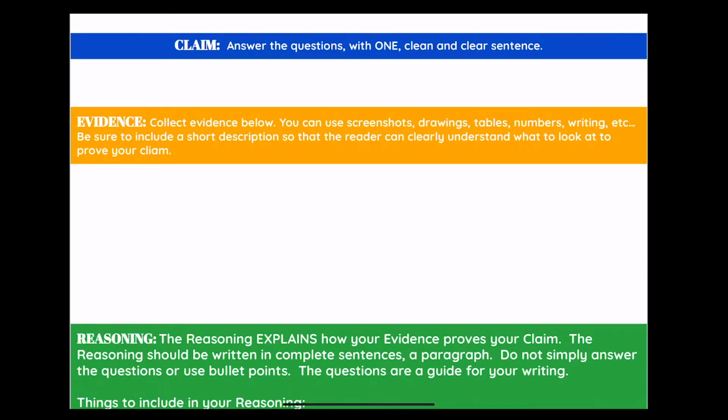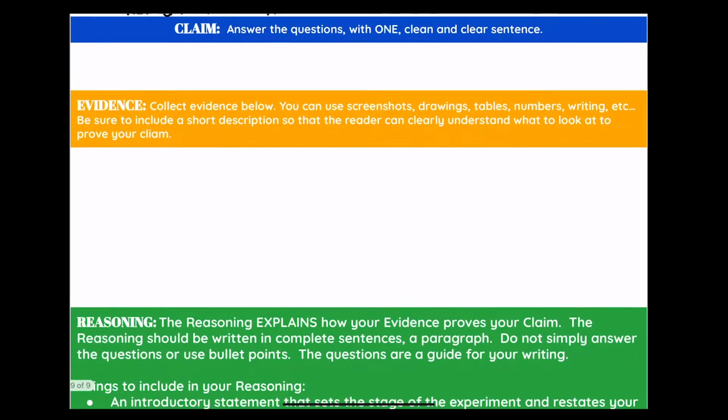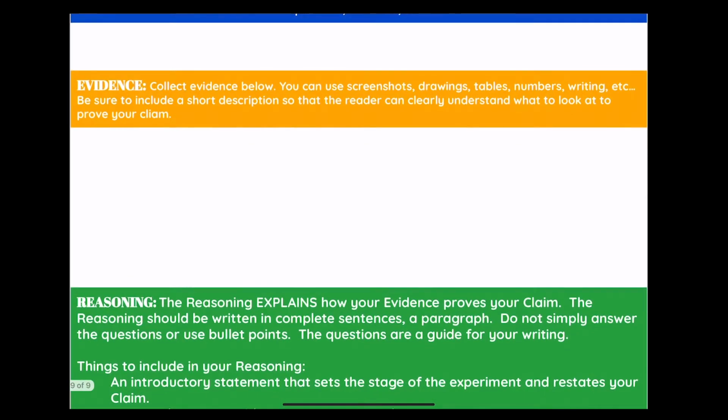All right, so our key question was, what is constant velocity? And we'll be answering this question using CER, which we've been practicing since Unit 1. All right, so what is constant velocity? Let's go through the evidence and the reasoning before I write the claim of what constant velocity is.